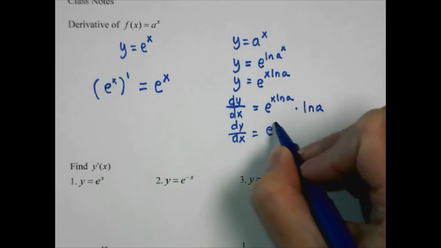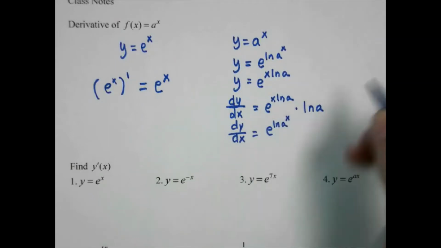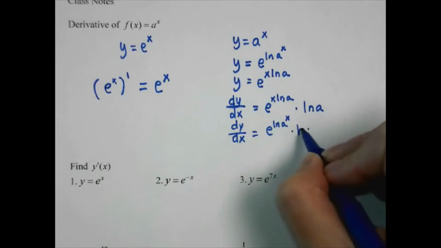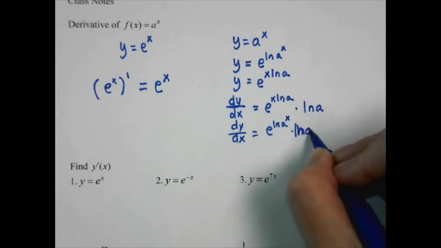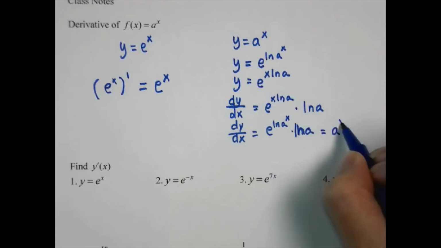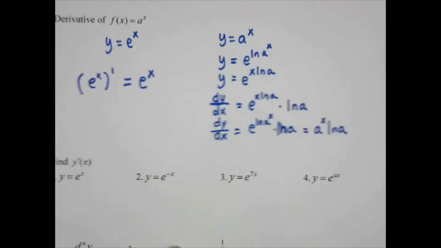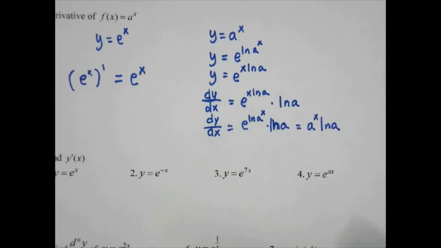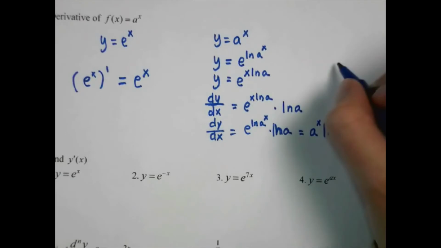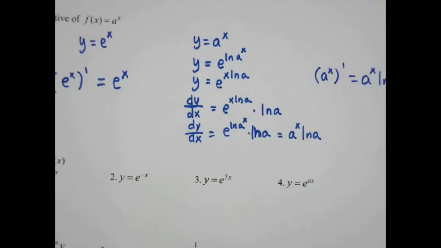We'll put the x back up here, so e to the natural log of a, to the x, times the natural log of a, ln a. The e to the natural log cancel, so this ends up being a to the x times the natural log of a. So our first derivative is: e to the x prime is e to the x. a to the x prime is a to the x times the natural log of a.